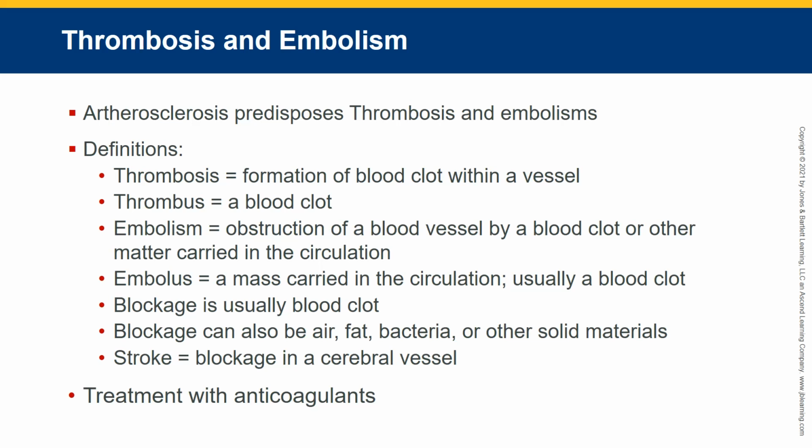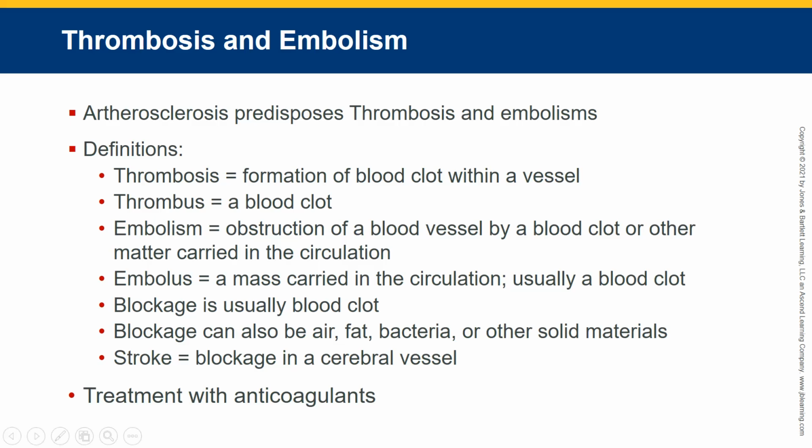A lot of bacteria, other solid materials, right? And so a thrombosis, a thrombotic activity, causes a thrombus. Embolism is just obstruction of a blood vessel by a clot or something else. And an embolus is the mass that's carried into circulation.